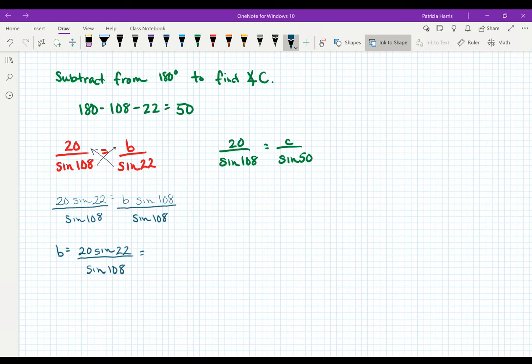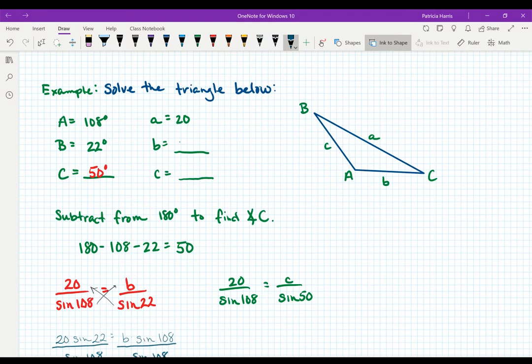Now my calculator can handle that calculation all at once, so let me type that in. And I get 7.87769. Okay, so let's round it to the nearest hundredth. So that would be 7.88. Okay, so go back and fill out my answer.